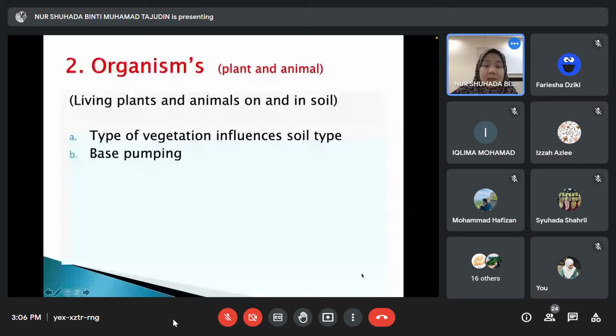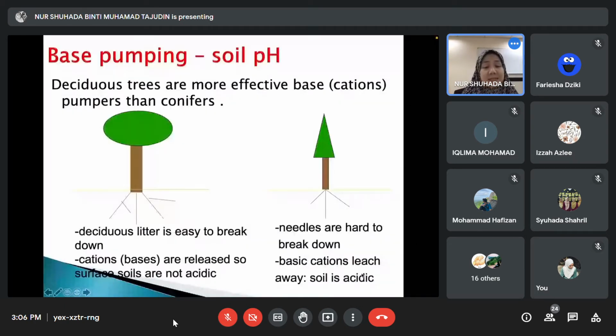Okay, number 2 is the base pumping. In other words, it is known as soil pH, meaning that it affects the soil chemically. If you see here, deciduous trees, which usually have broad leaves, the litter is easily broken down.